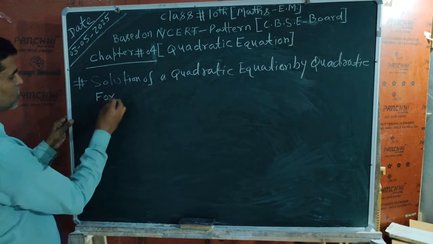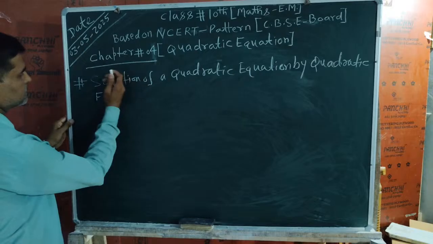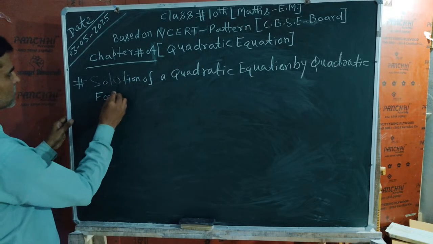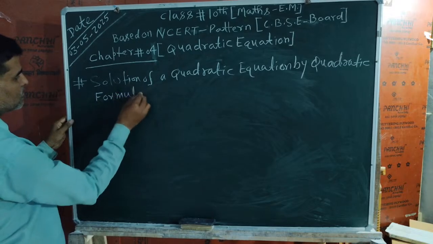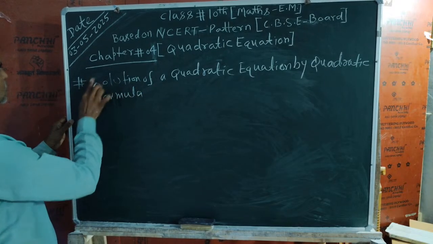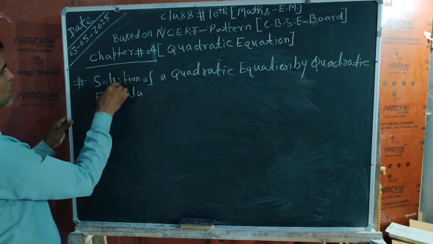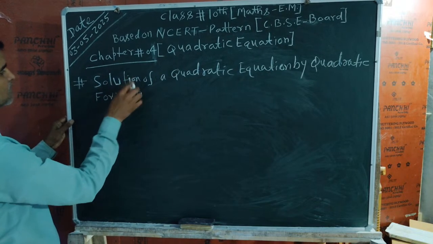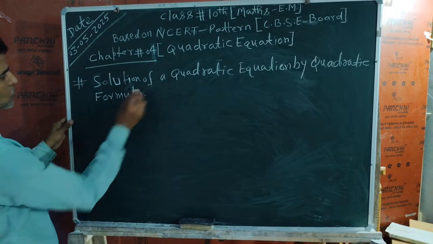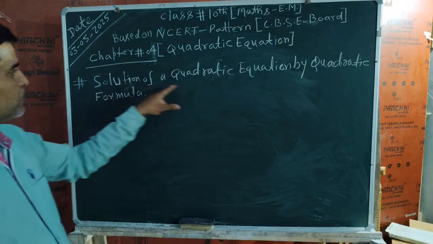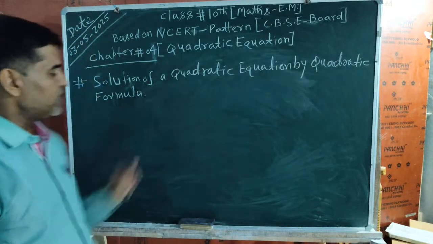Here I am writing the formula. Okay, student, here I am writing it bold, so you can understand it clearly. So this is the heading. That heading is written as solution of a quadratic equation by quadratic formula.